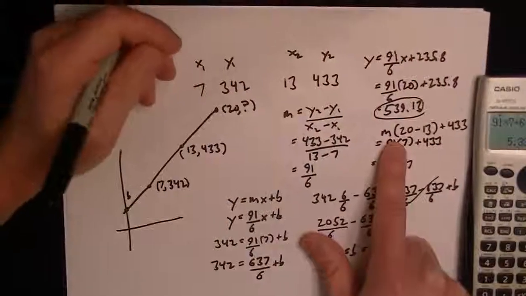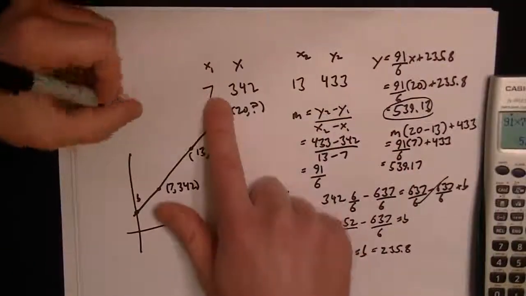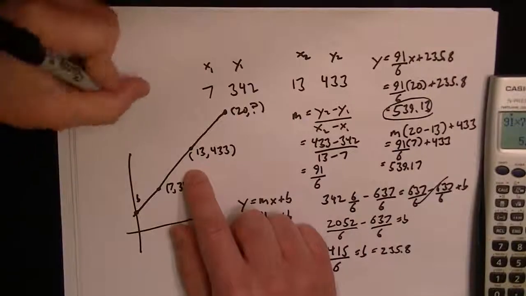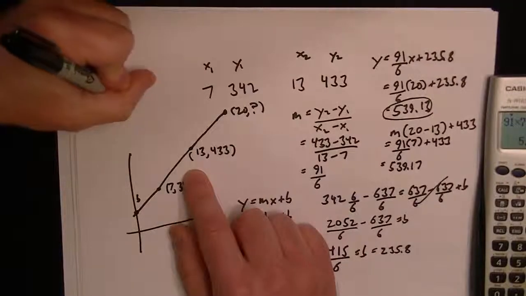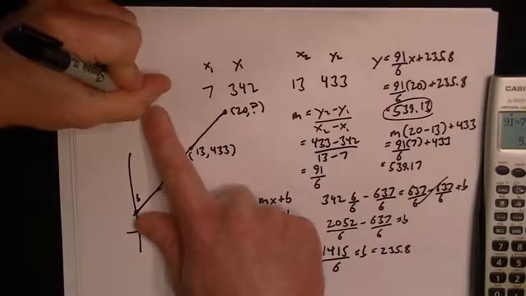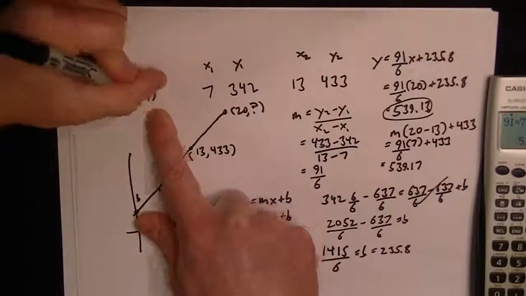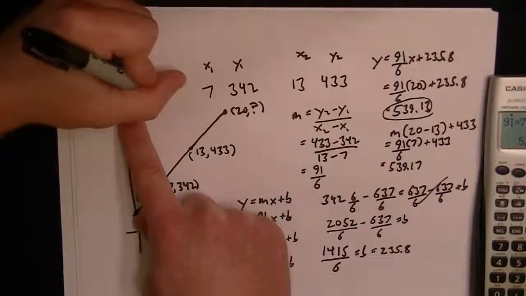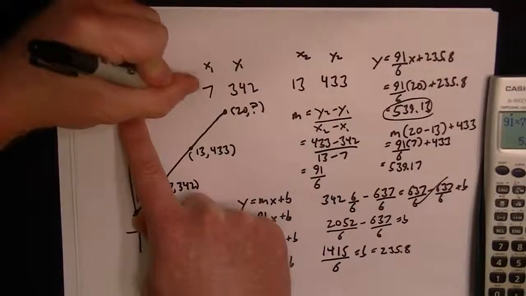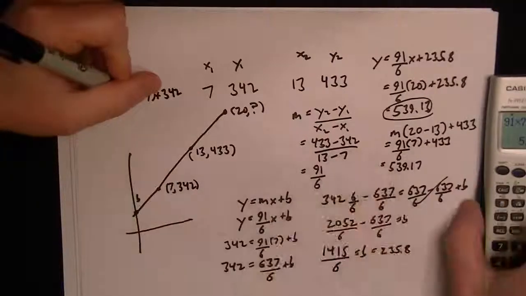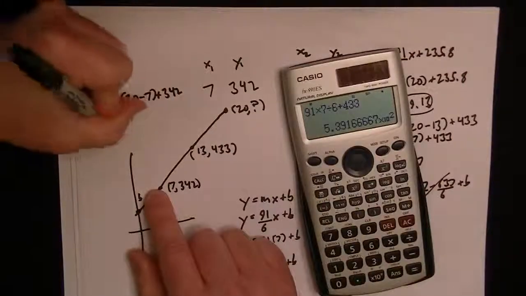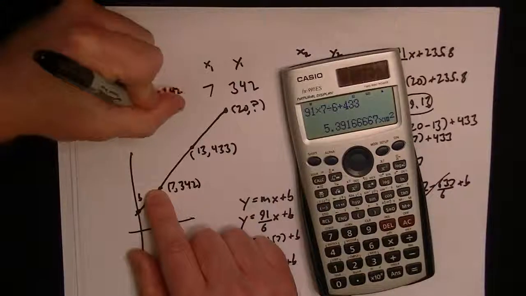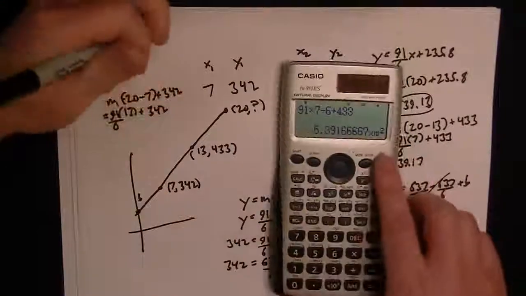And finally, you can also start with the 7th day. So if you have m times the difference between the 20th day and the 7th day, that means 13 days have changed times the growth rate. That tells you how much growth you have, plus the 342 that you started with. So you're just going to get 91 over 6 times 13 plus 342.